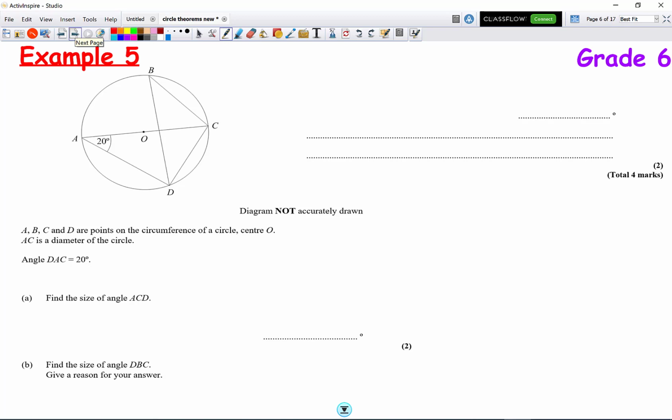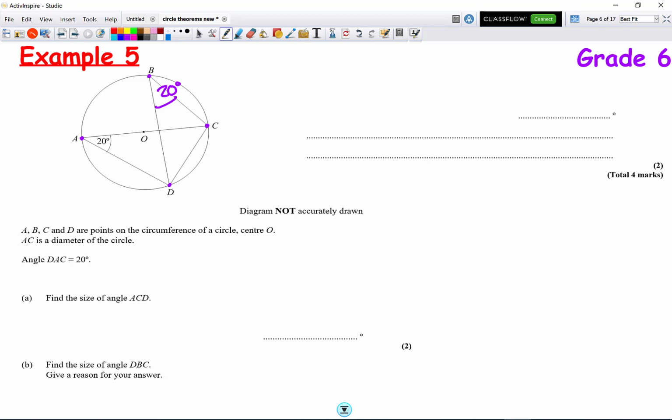Welcome back. Okay, so what can we see? We can see a bow tie. And now the question is, does every corner of that bow tie touch the circle? Yes, it does. That's fine. So we can use the well-known circle theorem that this angle 20 is exactly the same as the angle at DBC. And that's going to be 20 degrees.